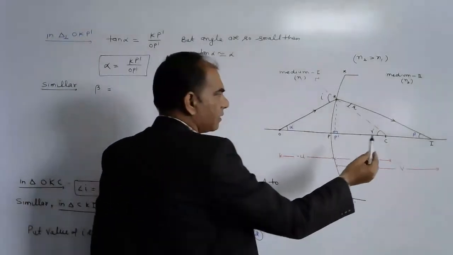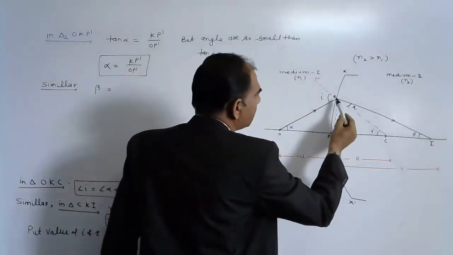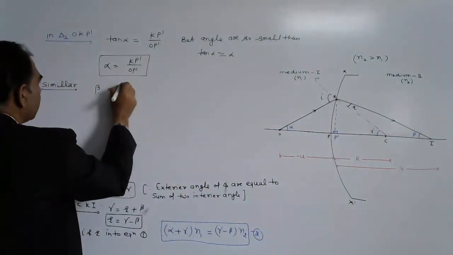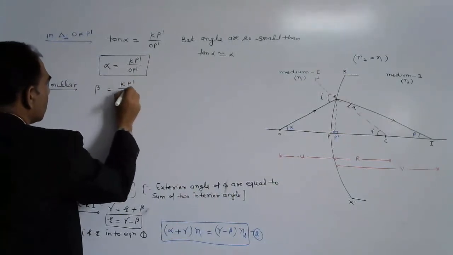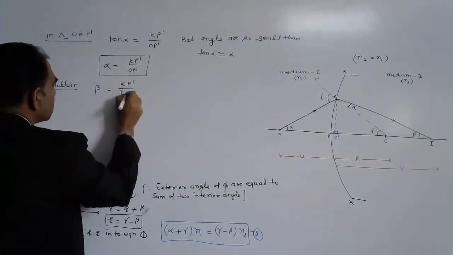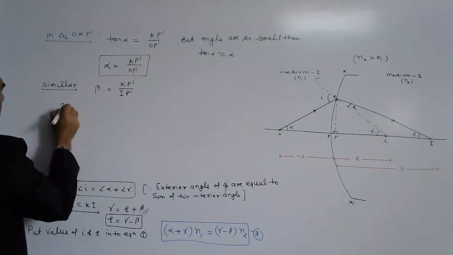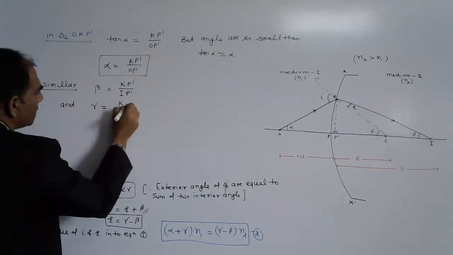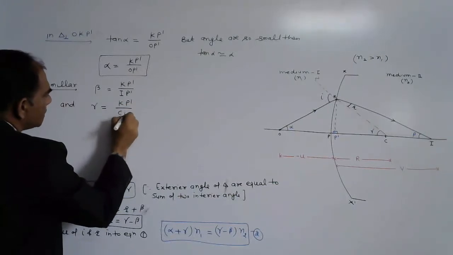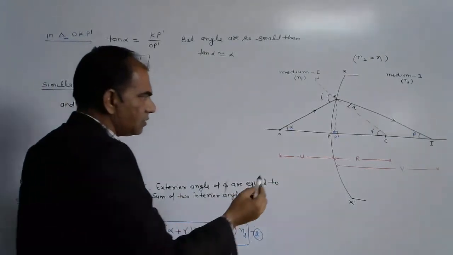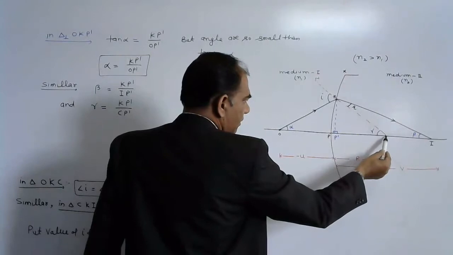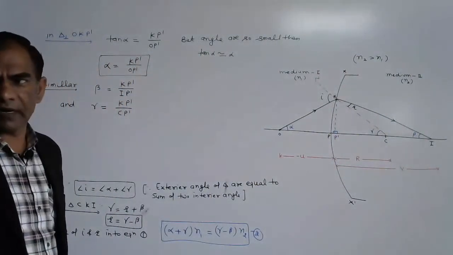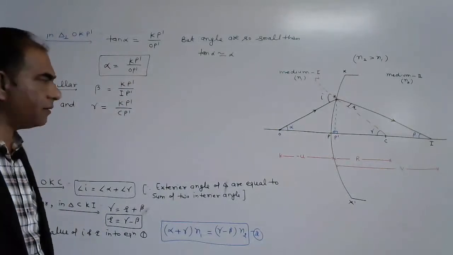This is the angle beta, and the right angle triangle is KP dash I. Similarly, we obtain beta equal to KP dash upon IP dash, and we also find gamma. Gamma is KP dash upon CP dash. This is gamma, and the triangle is CKP dash. We easily find the values of alpha, beta and gamma.